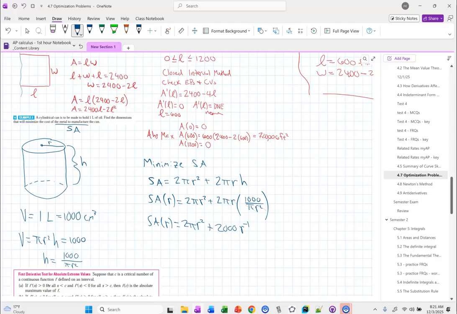We need a domain, right? Okay. What do you notice about this domain? What's that? Yeah, it's going to be open, right? Because r can't be 0.